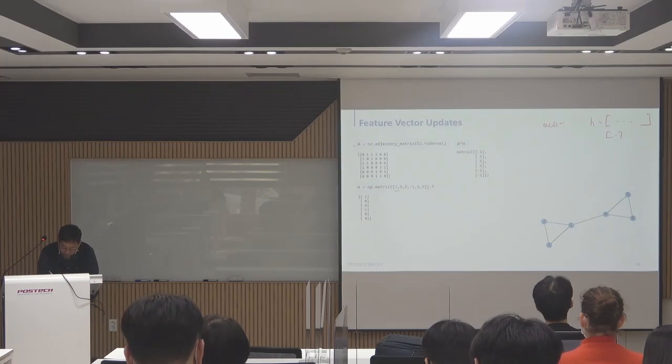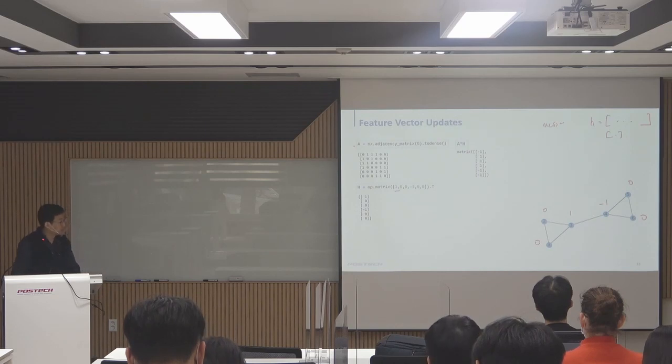So I assigned 1, 0, -1, and 0. That's my message for each node.